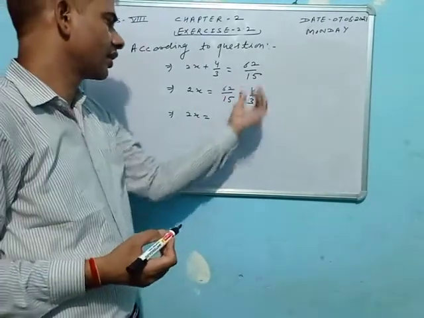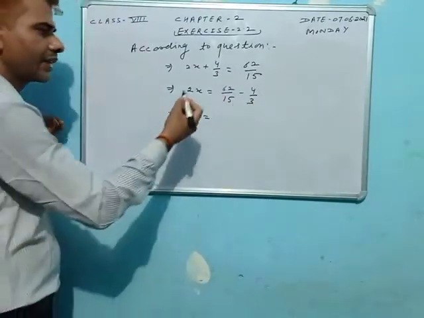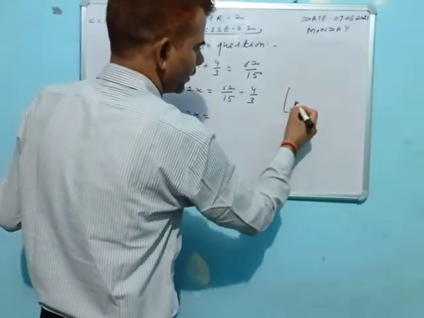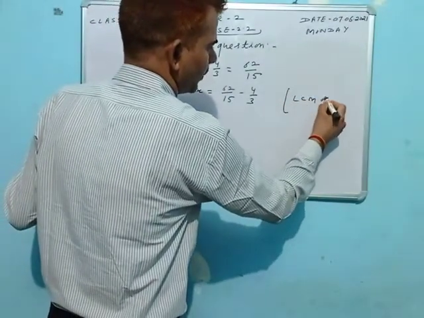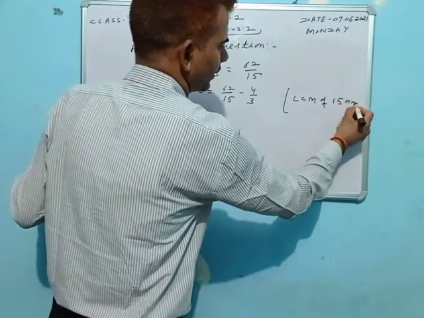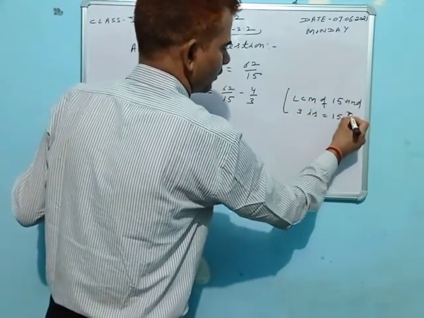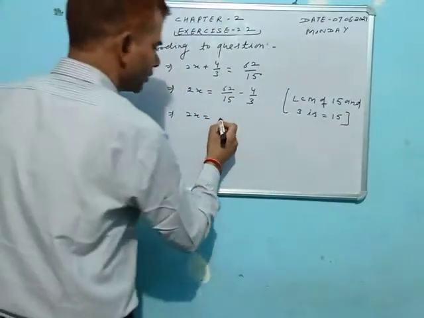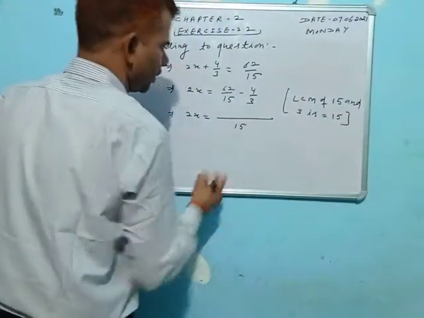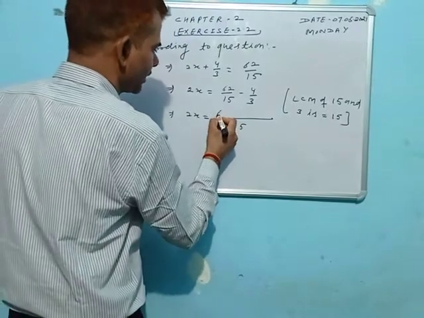To solve it, we will take the LCM of 15 and 3. LCM is 15.